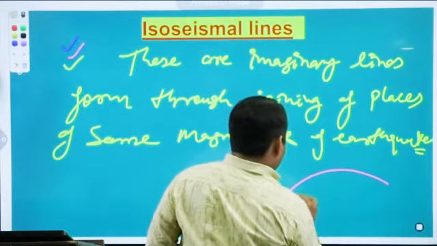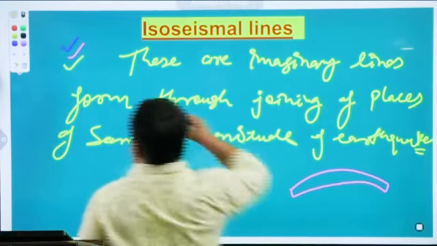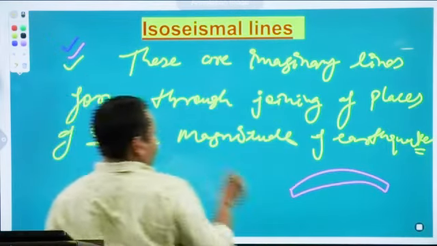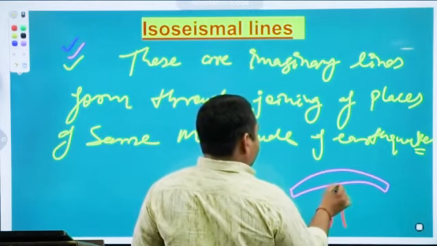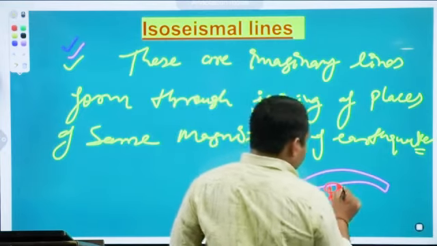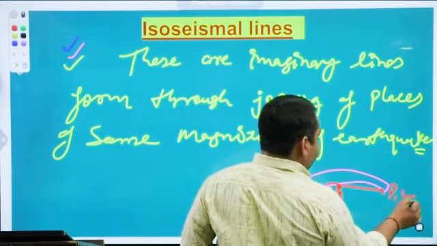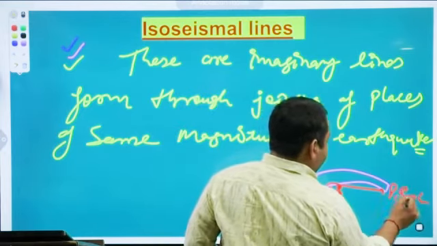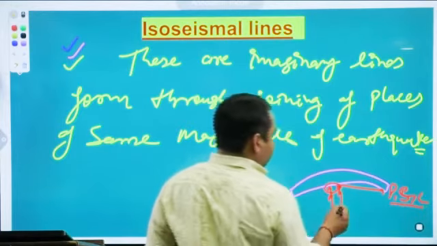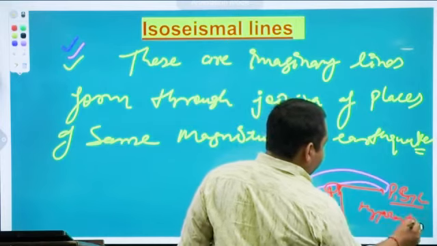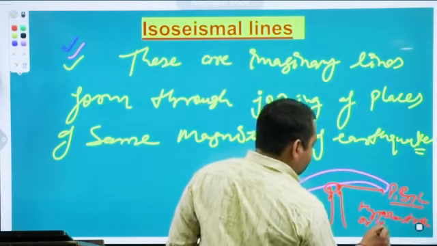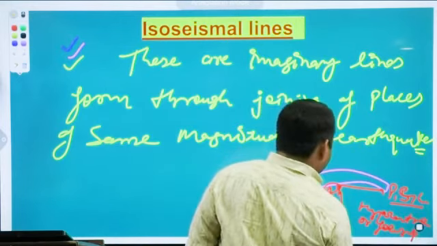Suppose this is the crust. Beneath the crust there is upward moving of magma. Here magma strikes, and due to striking of magma, P, S, L seismic waves originate, that is called the hypocenter or focus of earthquake.